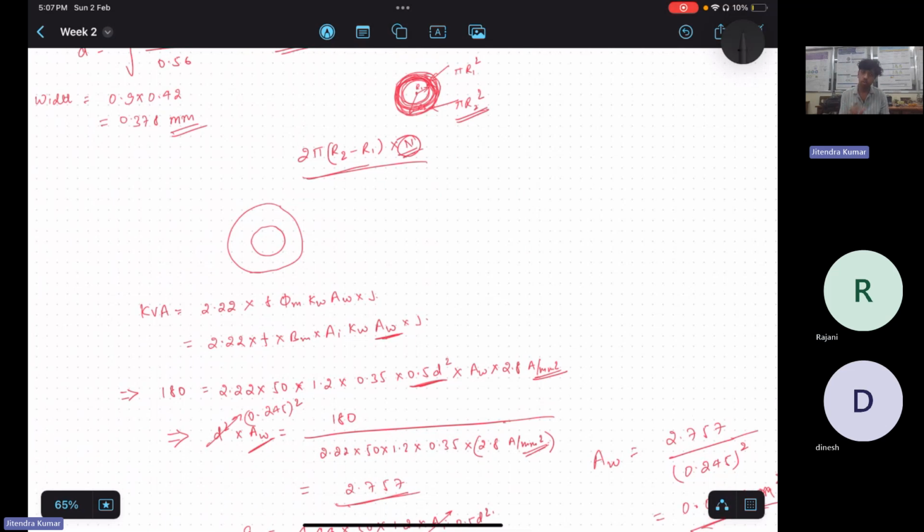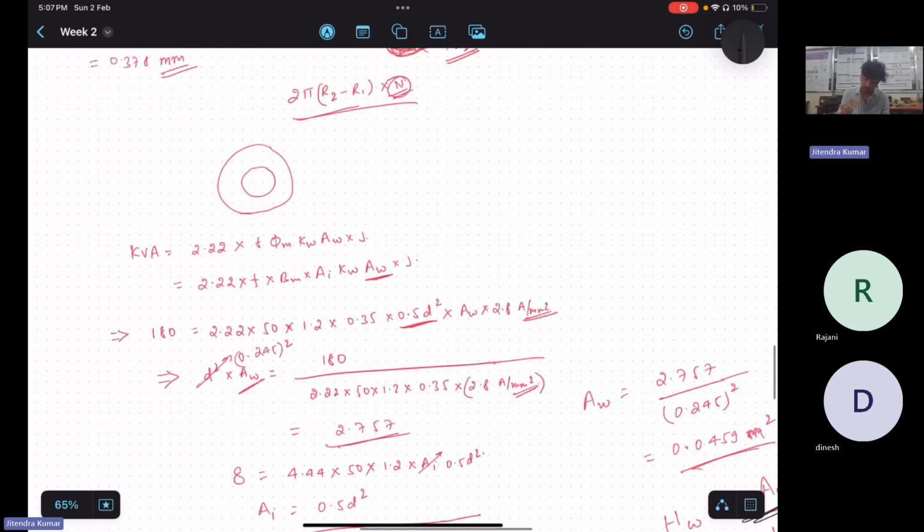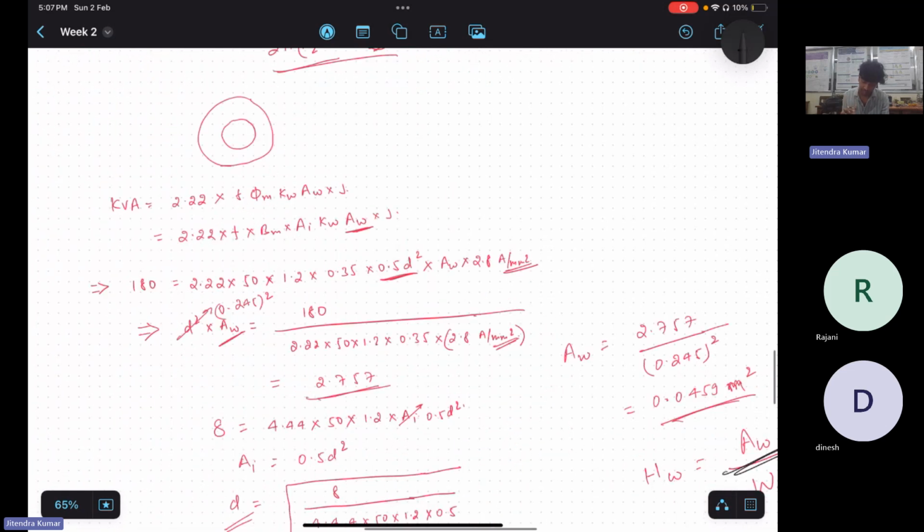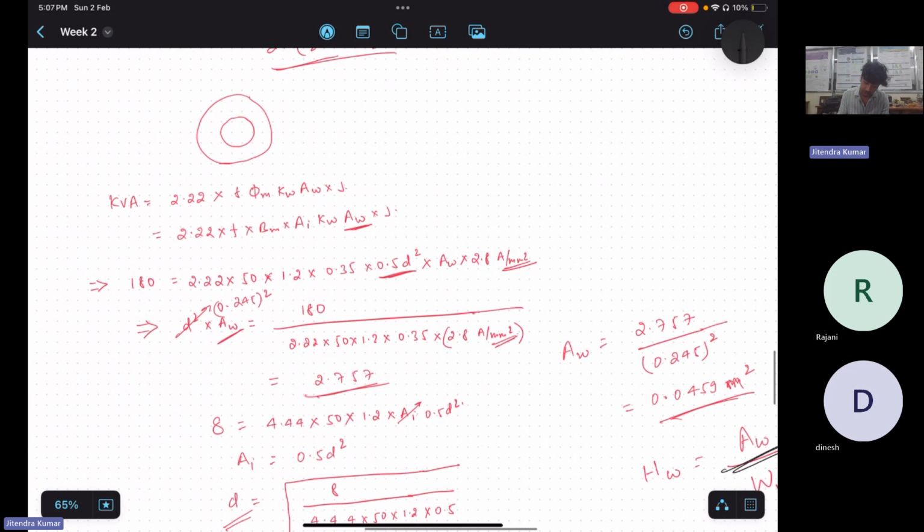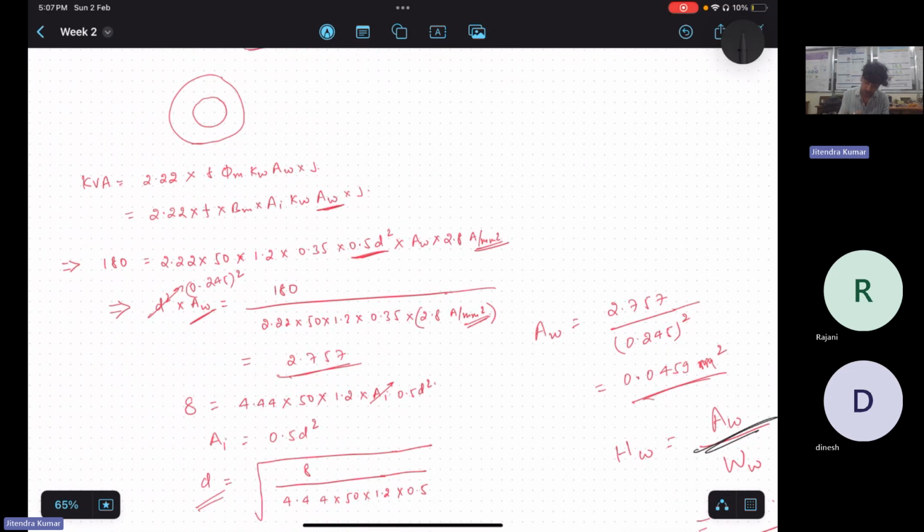For that, we took help of two equations. One is with kVA, other is with voltage. With voltage, we got the area of iron, which we further plugged in the equations of kVA. From the kVA equation, we got d square AW value.